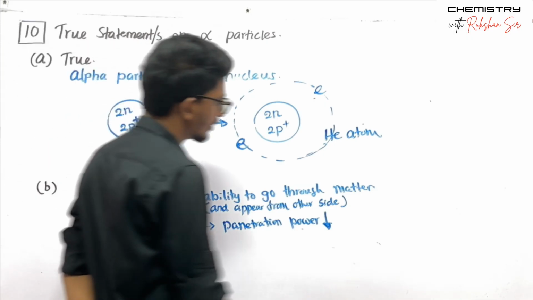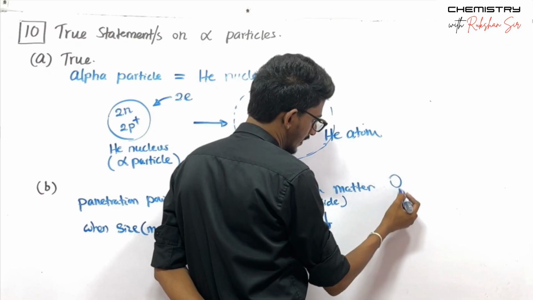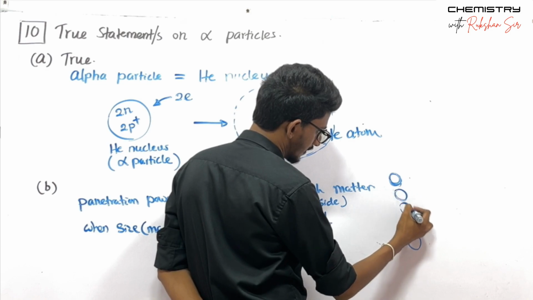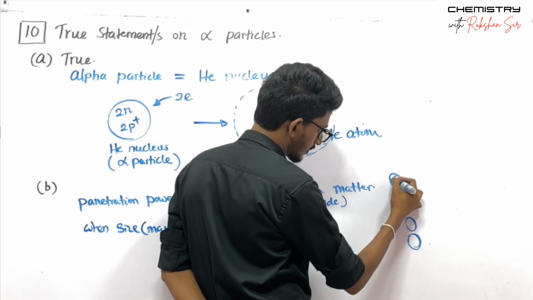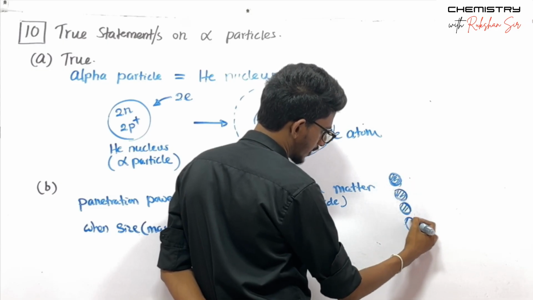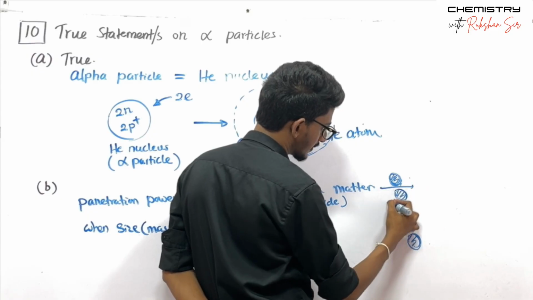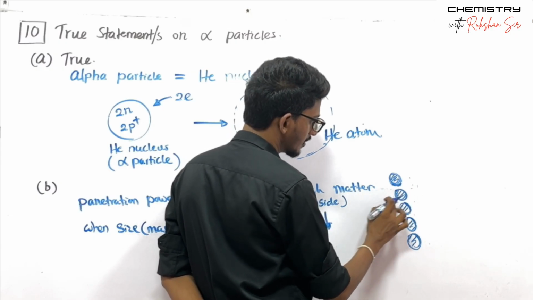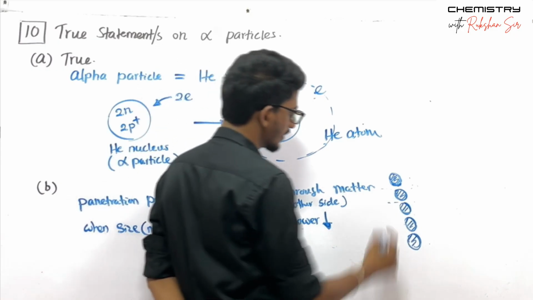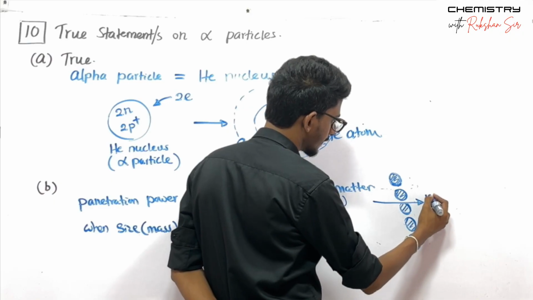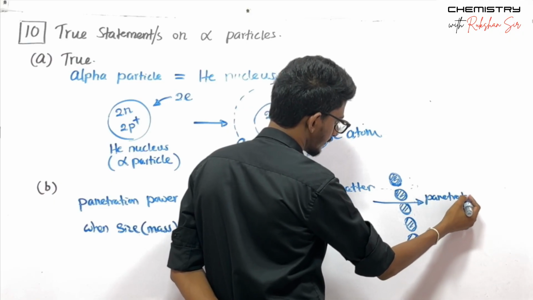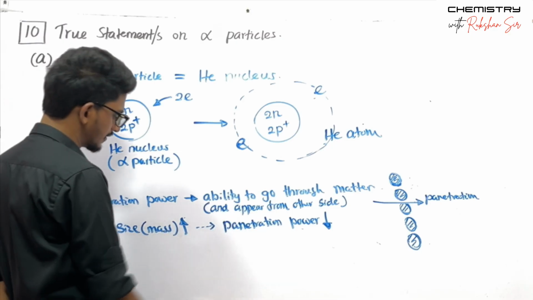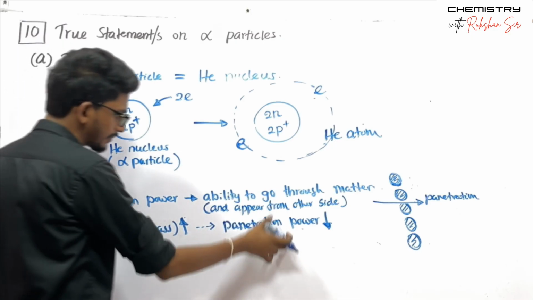So you have atomic layers. If you are a small particle, you can go through the spaces between atoms. If you are a large particle, you can't go through the spaces between atoms. Penetration means going through this. So if your size is small, that is better. If your size is large, penetration power is less.